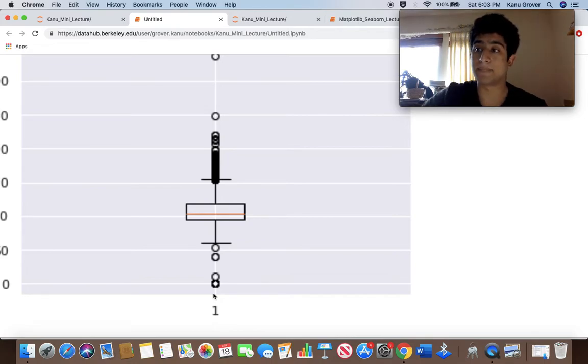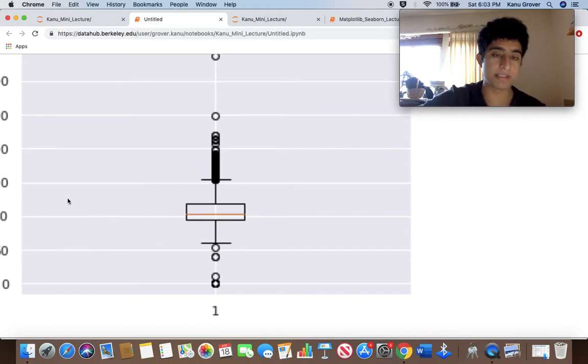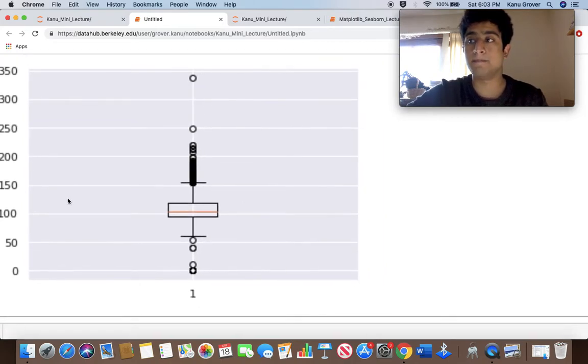So that's the statistical significance of a box plot. And a box plot is really important, again, because it describes distribution, and we can get a lot of different things from this, like the interquartile range, or the 50th percentile, or the 75th percentile, and there's a lot of cool things that we can draw from this box plot.